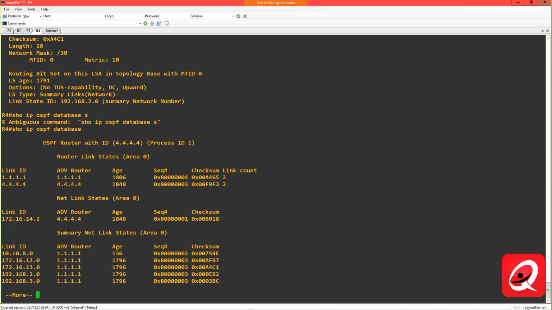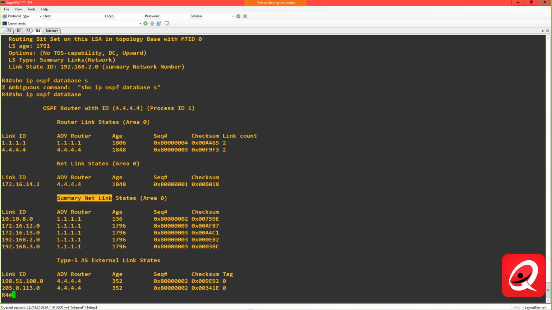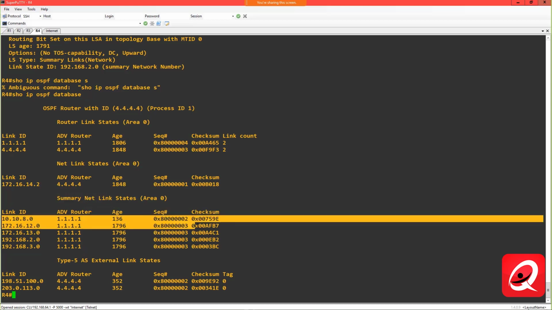I can see the summary netlink states here. I'm not seeing the 9 and the 10 anymore individually. I'm only seeing the 10.10.8.0. So I would say by default, if you're not summarizing, you should see a Type 3 LSA for every single Type 1 LSA that exists in other areas. Okay?